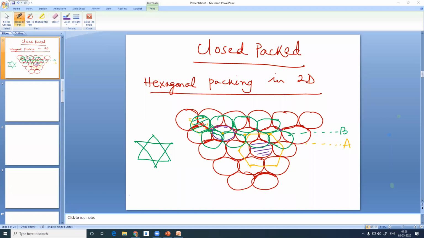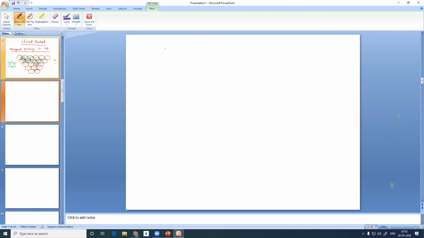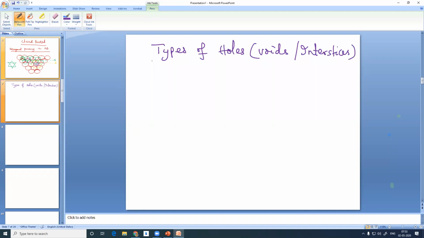Let us write down. Types of holes, or they are also called voids, also called interstices, in a close packed lattice. Don't worry, everything will be clearer and clearer with passing time.